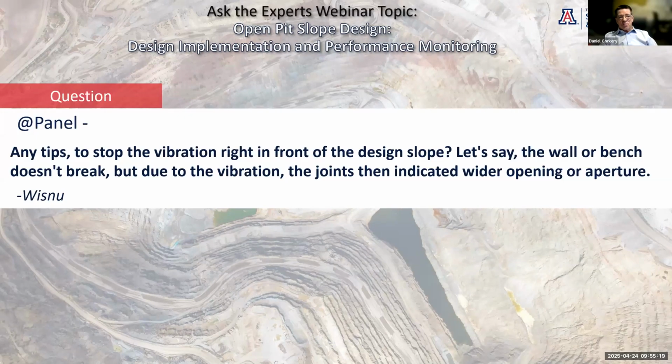But also, again, I don't want to harp on it, it's always a matter of reducing the amount of restriction that you have. So clean that face if you can. Allow that muck to move out, and the vibration level, as well as any kind of gases from that blast, will be able to release more quickly and not have as long to operate on any kind of joints in the remaining wall.